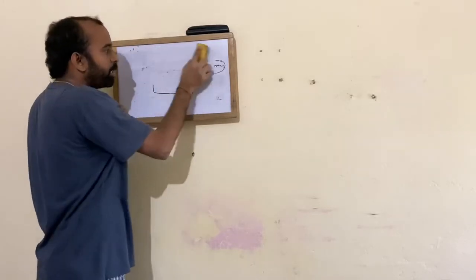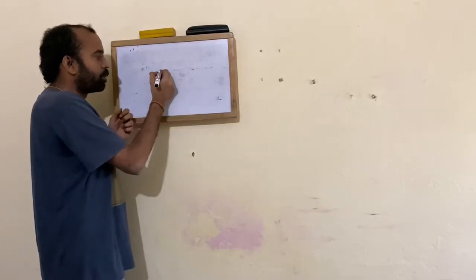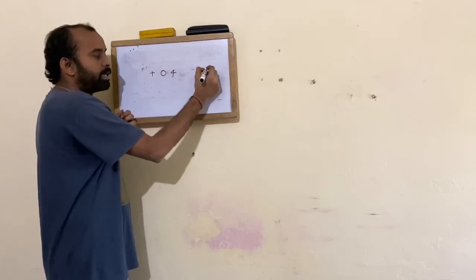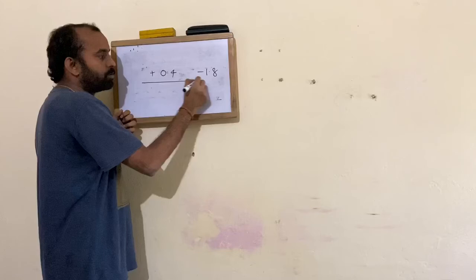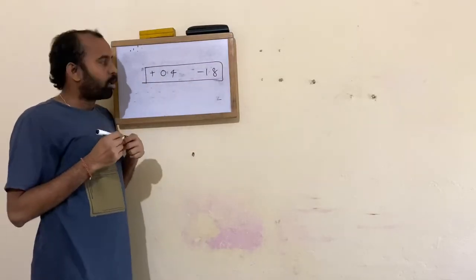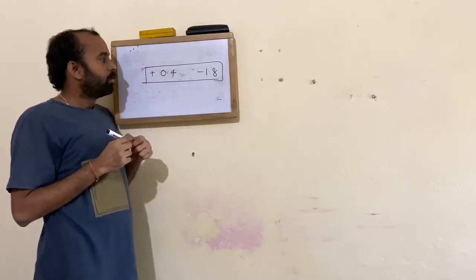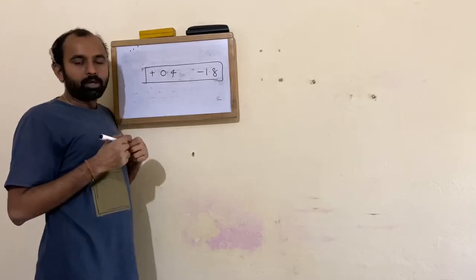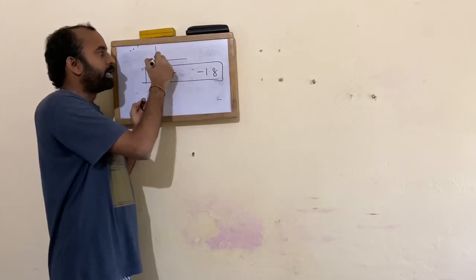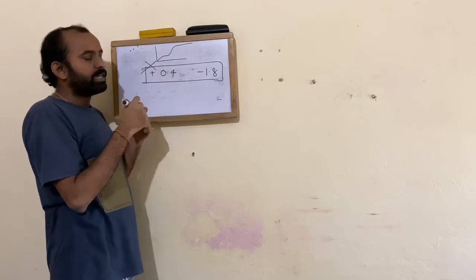This is the way you study the value. The dropping mercury electrode has some limits of usage. It can be used up to a value of plus 0.4 and minus 1.8 volts. Beyond this, the dropping mercury electrode cannot be used, because if you go beyond the 0.4 value, the mercury dissolves and you get an anodic current, which is not desirable.